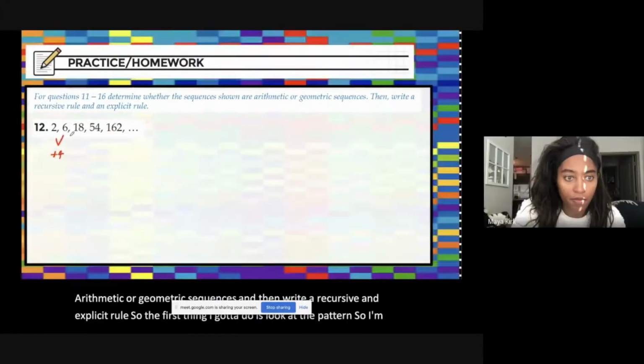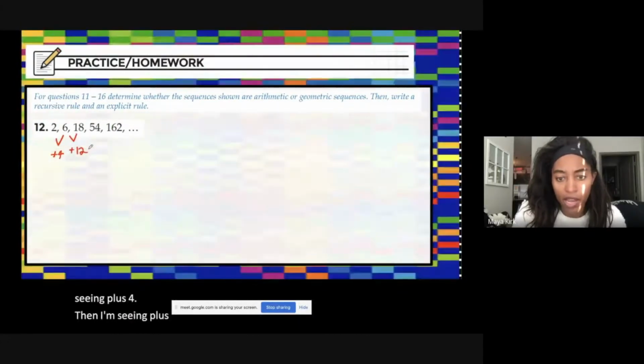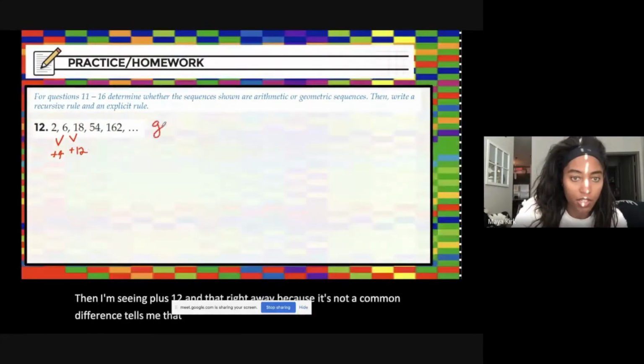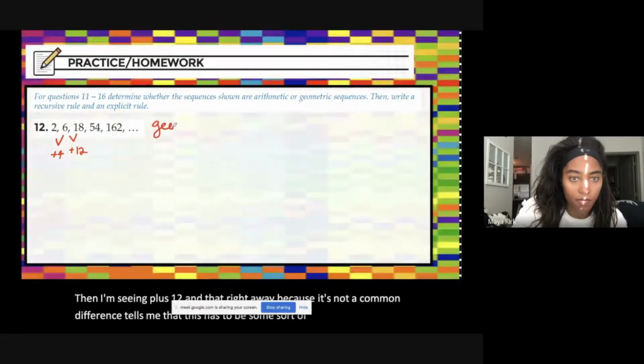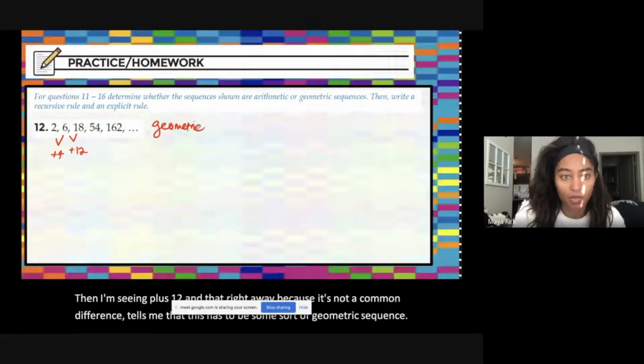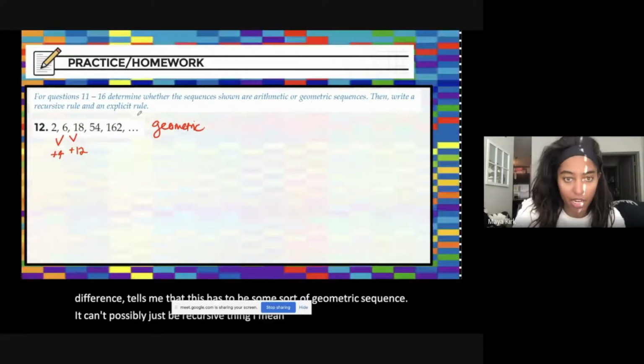I'm seeing +4, then +12, and that right away, because it's not a common difference, tells me that this has to be some sort of geometric sequence. It can't possibly be an arithmetic one.